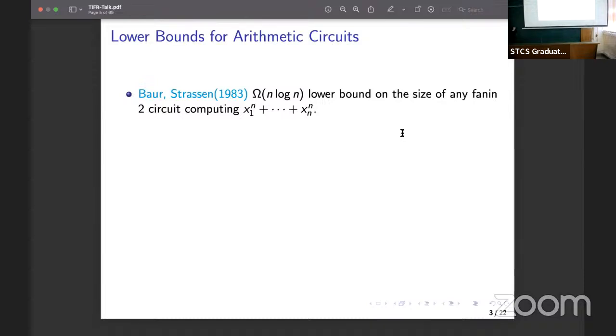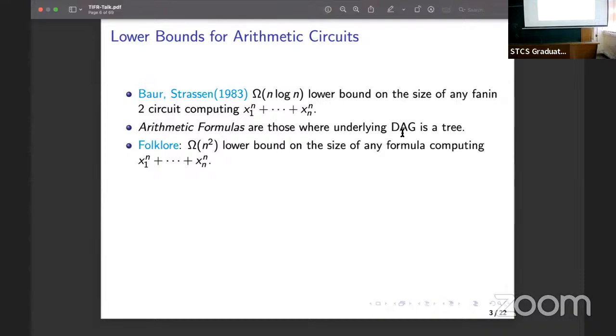N such lines compute the whole polynomial. So this is the circuit. It uses repeated squaring and it has size n log n. So there's a matching upper bound.